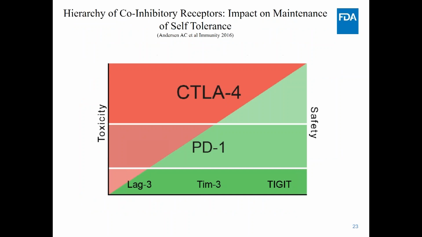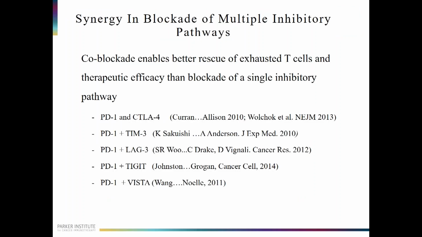In terms of the checkpoint inhibitors, there's really a hierarchy. The major ones, the CTLA-4 and PD-1 pathways, have been targeted most heavily. Now we're starting to see co-administration of some of the more minor checkpoint inhibitors, which are associated with less toxicity than the CTLA-4 and PD-1 checkpoints.